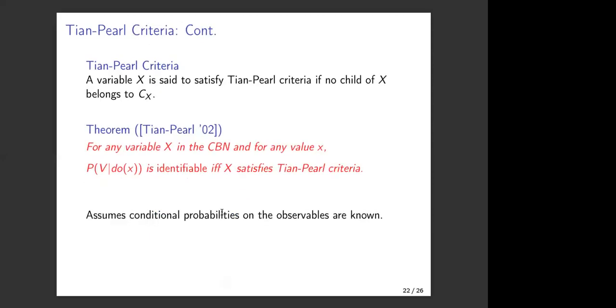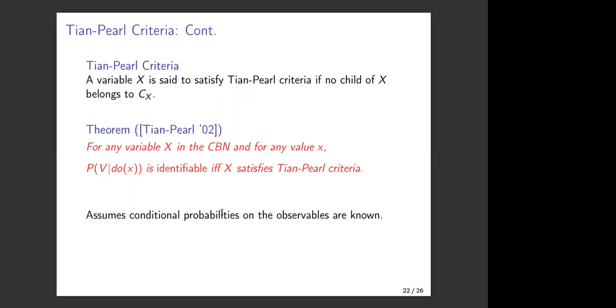Now the Tian-Pearl criteria says that a variable x satisfies the Tian-Pearl criteria if no child of x belongs to Cx. So if I'm looking at x and I have these connected components, and all children are in a different connected component than Cx, then I say that the variable meets the Tian-Pearl criteria. The nice theorem Tian and Pearl proved is that for any variable x and for any value, P(v | do(x)) is identifiable if and only if x satisfies the Tian-Pearl criteria.